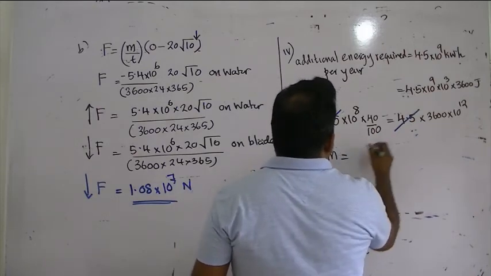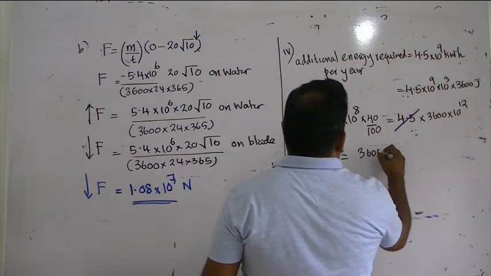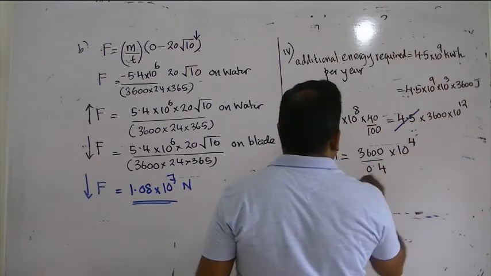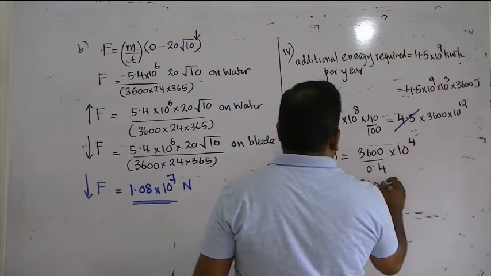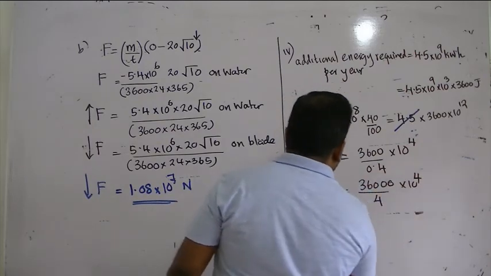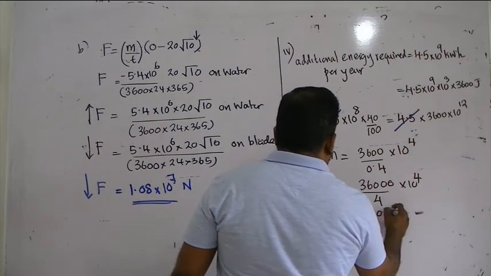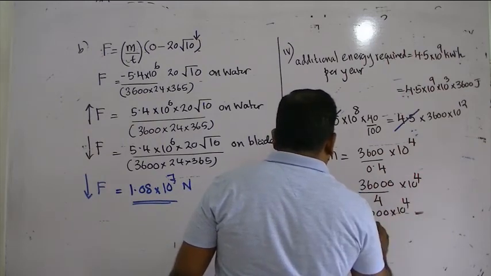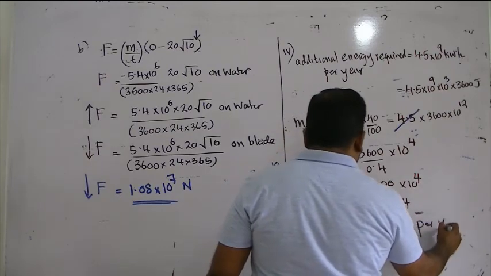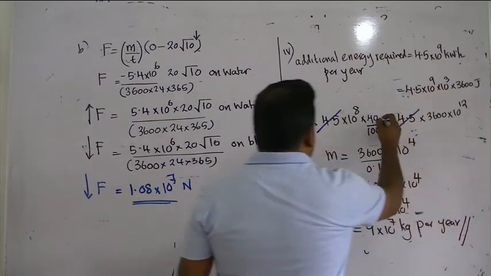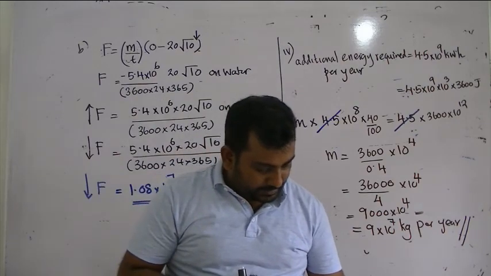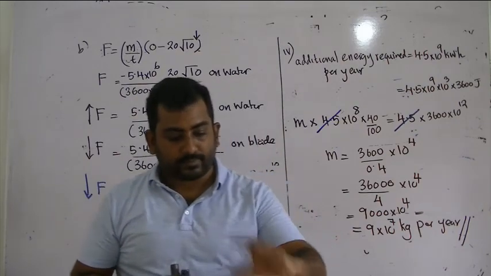So M is equal to 3600 over 0.4 times 10 to the power 4, which is 36,000 over 4 times 10 to the power 4. 9,000 times 10 to the power 4 means 9 times 10 to the power 7 kilograms per year. Don't forget the 40% efficiency is there in the question.